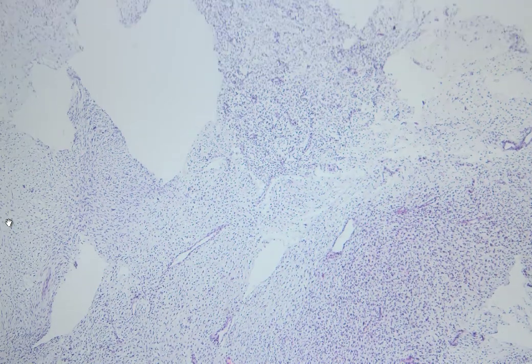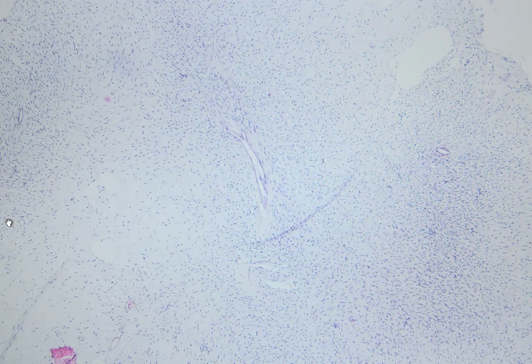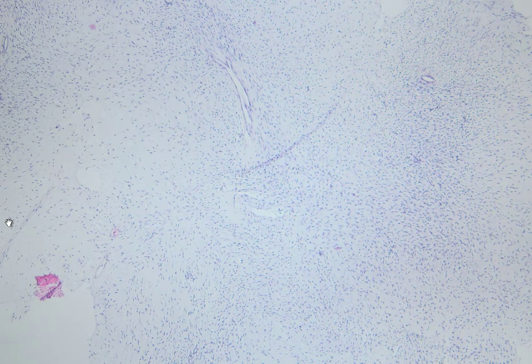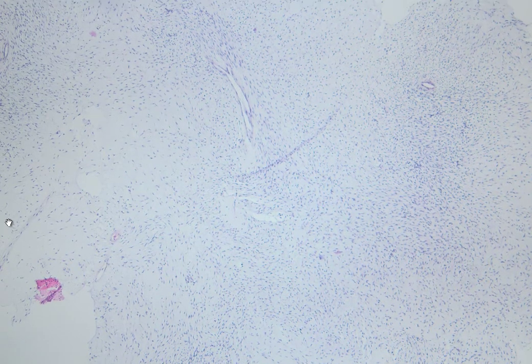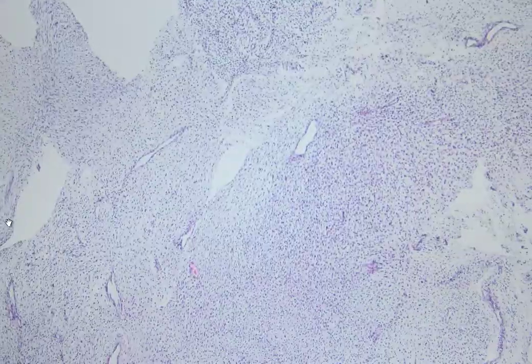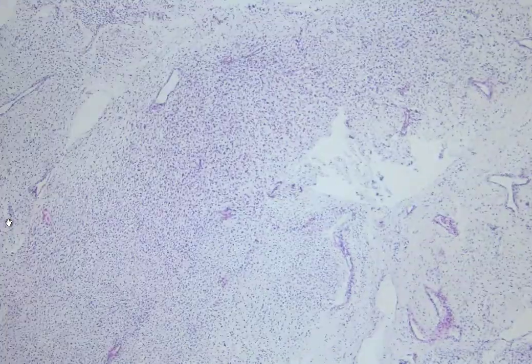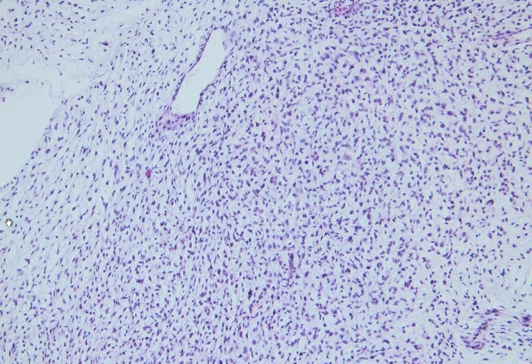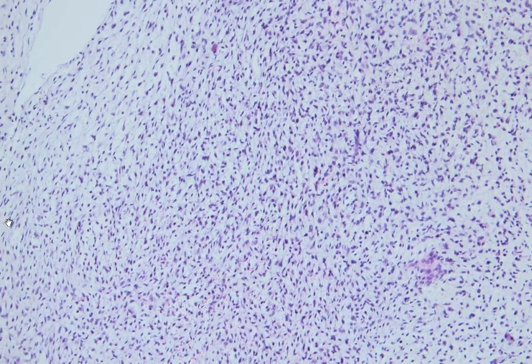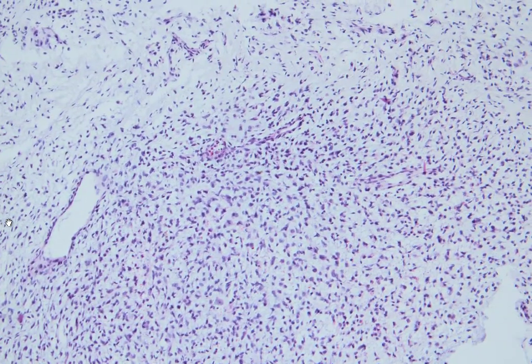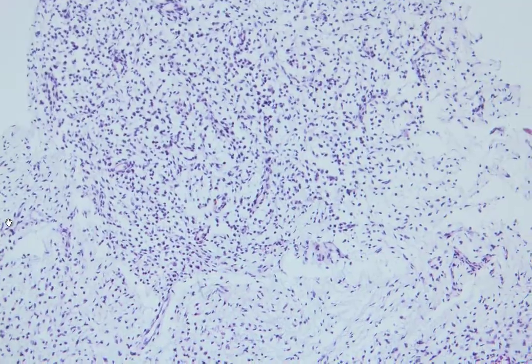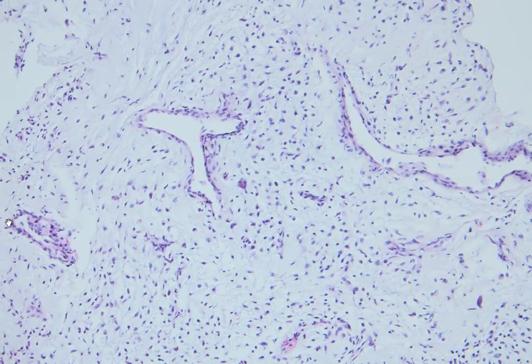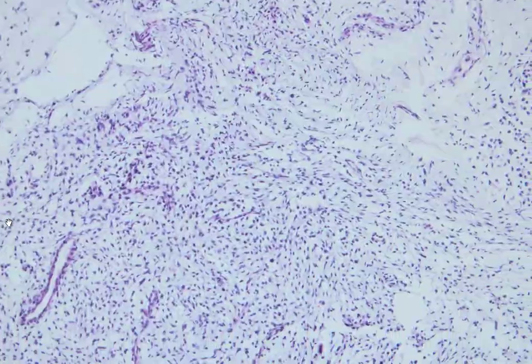In the microscopy, the tumor is composed of two different zones, one of which is myxoid and hypocellular, like this, with abrupt transition, or in some areas a gradual transition, into more hypercellular zones composed of short spindle or small neoplastic cells, accompanied by prominent hemangiopericytoma-like vessels.